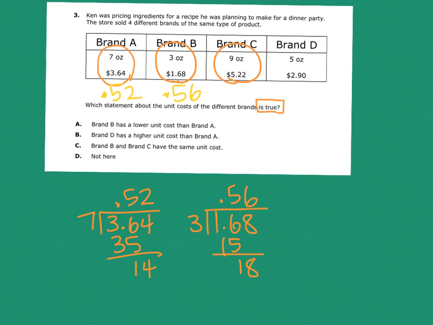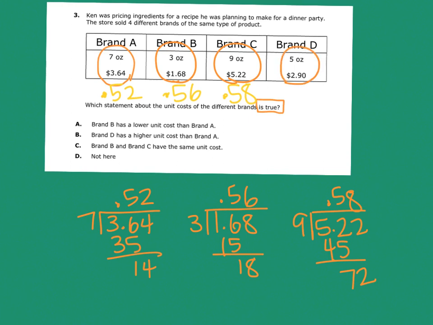Then C, 9 divided with 522 is 58 cents. And then this last one, 5 divided with 290 is 58 cents.